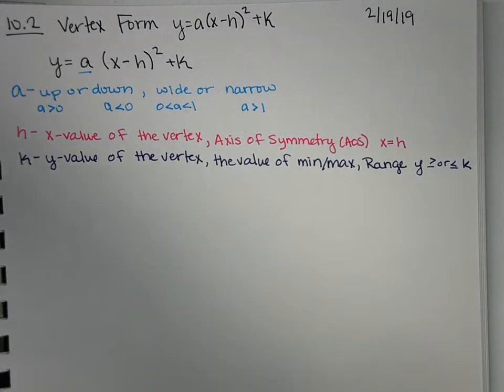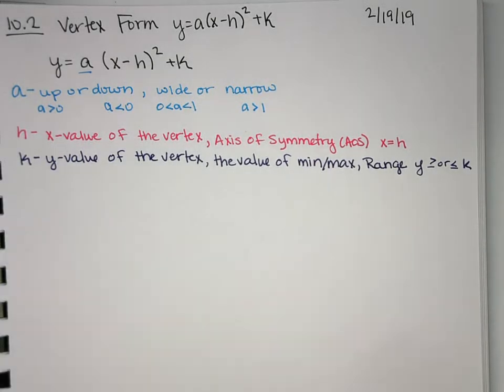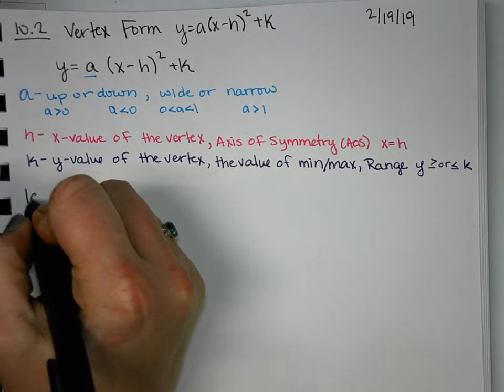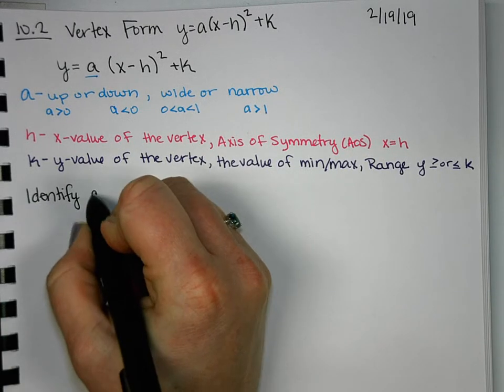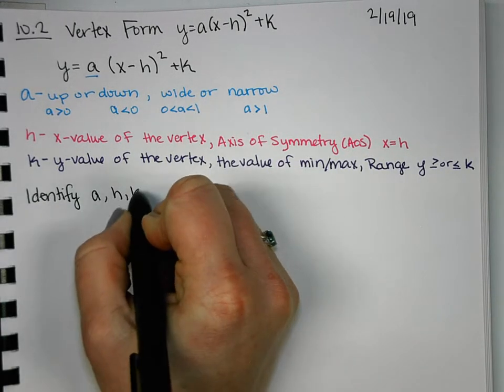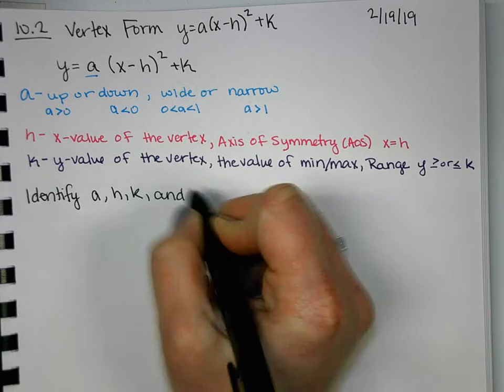So what we're going to do right now is just practice identifying A, H, and K. Okay, we're just going to identify. So identify A, H, K, and the vertex.